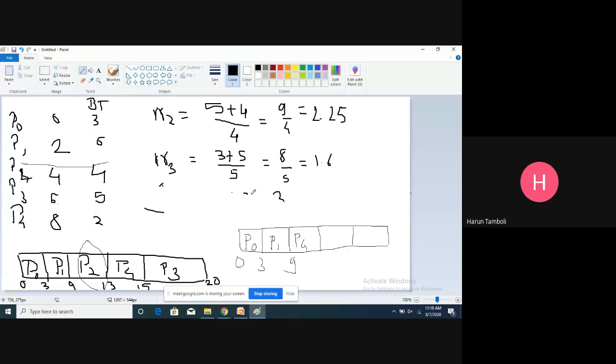Take only the parameters arrival time and burst time and try to solve on your own, that is, try to draw the Gantt chart on your own. Calculate response time. For reference you can see this, but try on your own, and calculate turnaround time, waiting time as well as response time.